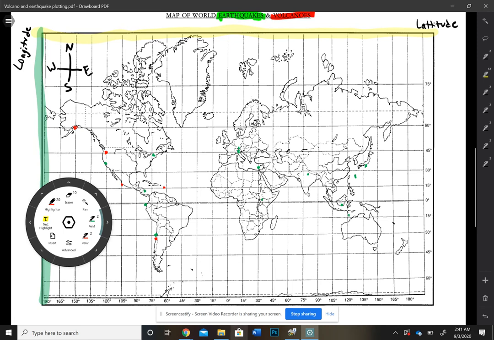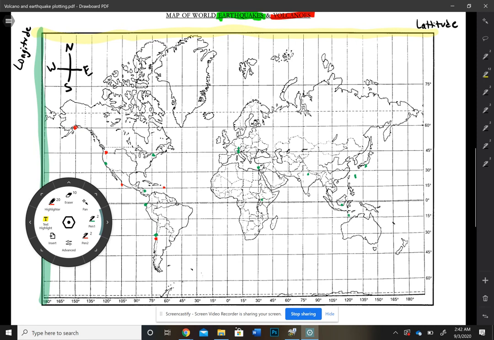There's a green one there on 45. It's literally on 45. What was going on 45? 45 north, 10 east.